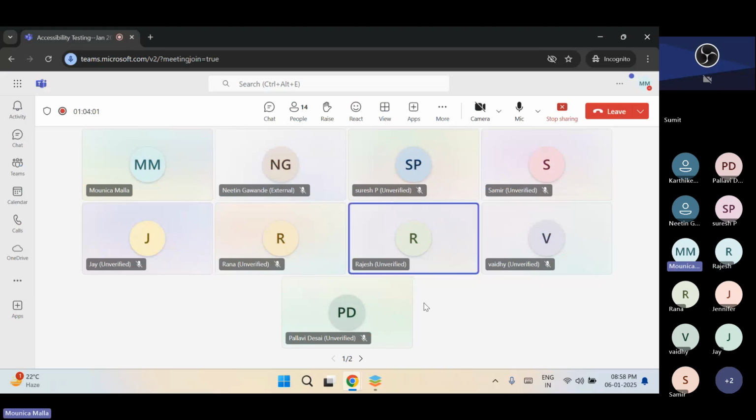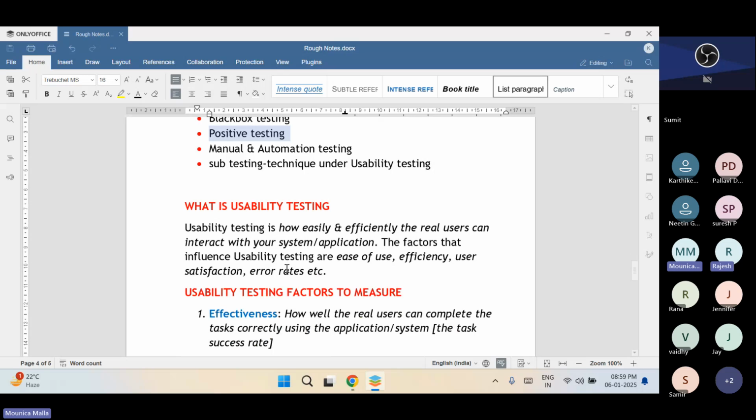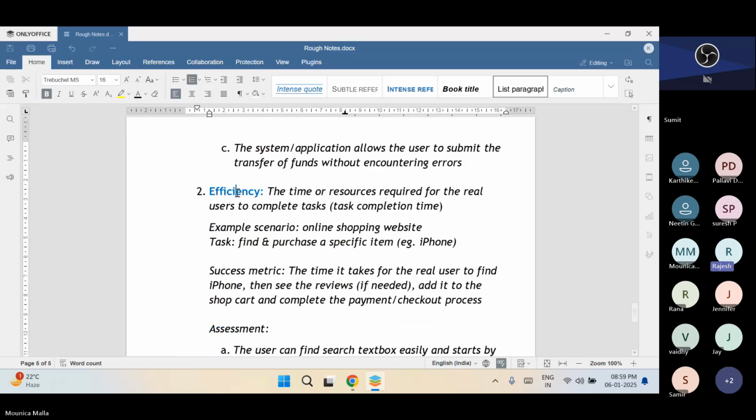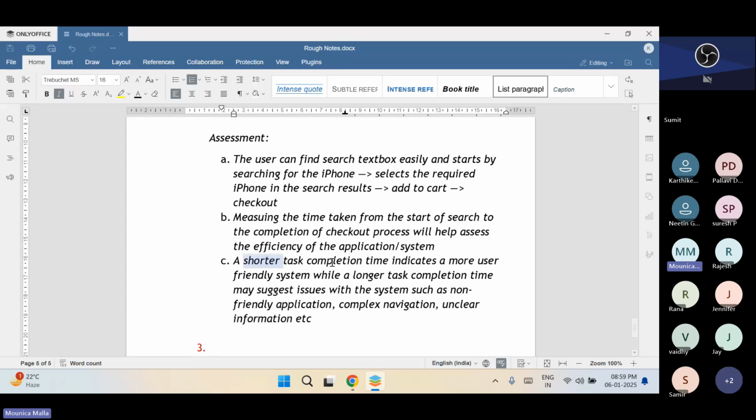Coming to accessibility testing, we are nowhere worried about the performance testing factor here, but under efficiency, we are talking about how much time the users are taking. When I say time, I'm not talking about how many milliseconds they take to complete. The question here is whether it is a shorter time or a longer time to complete the task. That is the only comparison we are doing here.